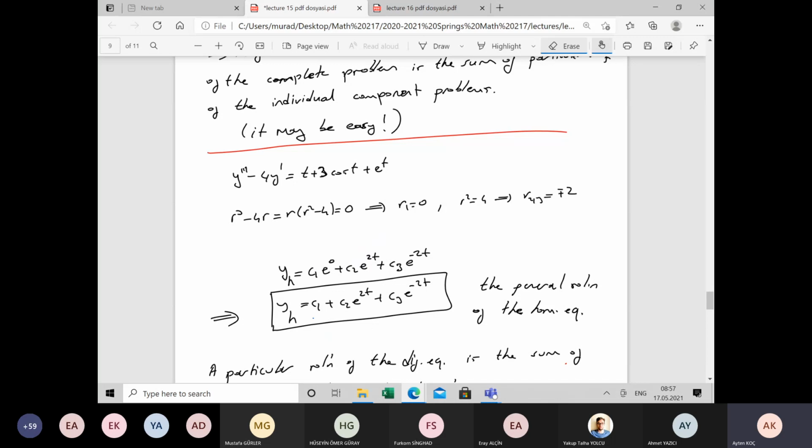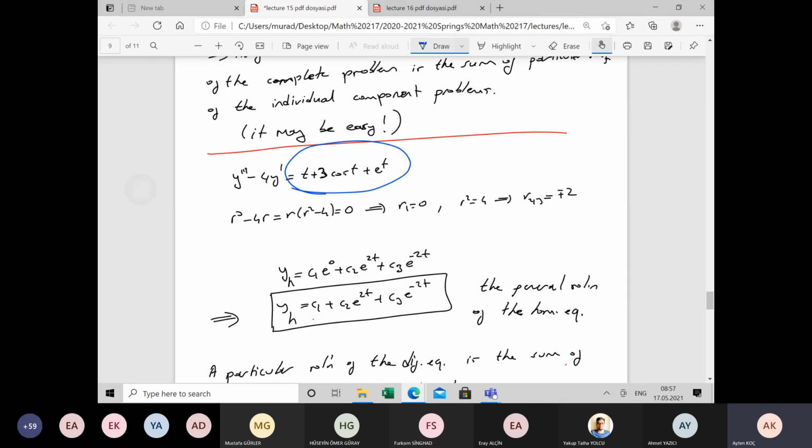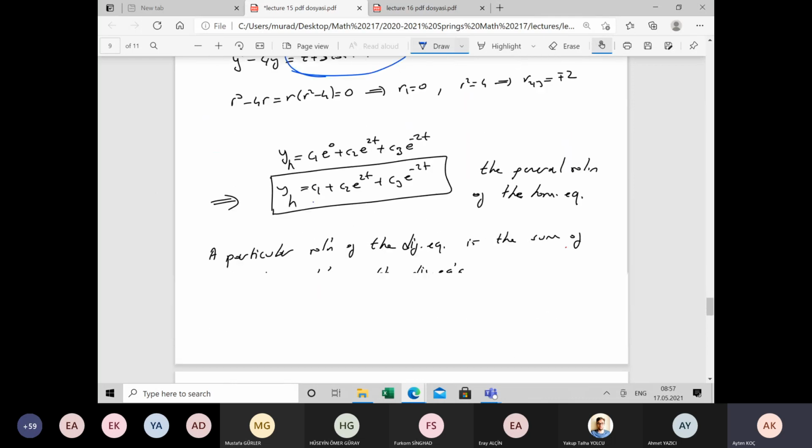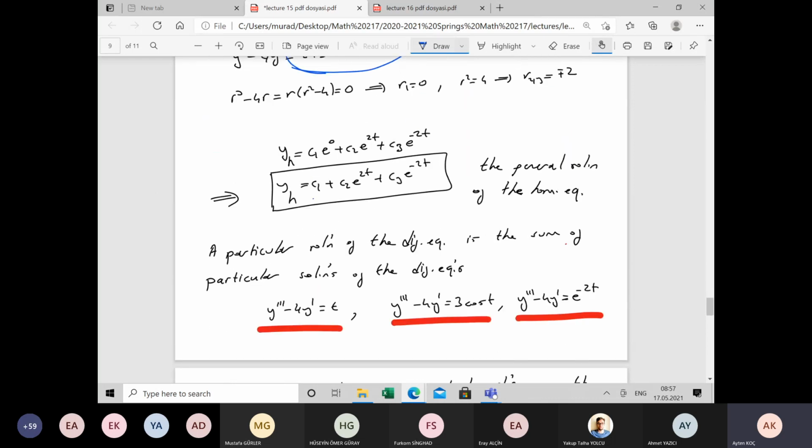It's okay. But look at the right side, the sum of several terms, so the particular solution of the differential equation is the sum of the particular solutions of these separate differential equations, this one and this one. It's okay.